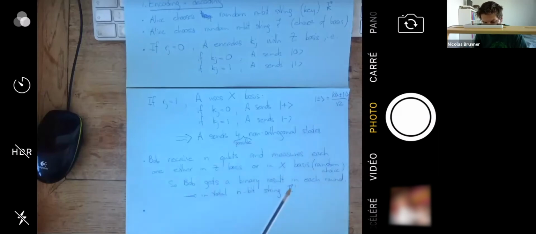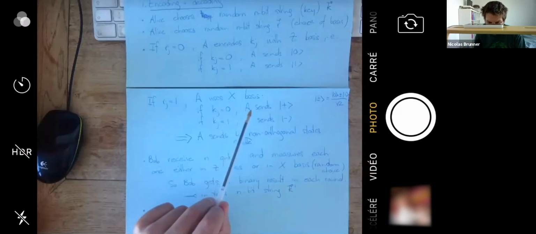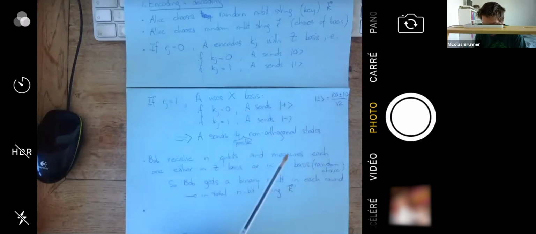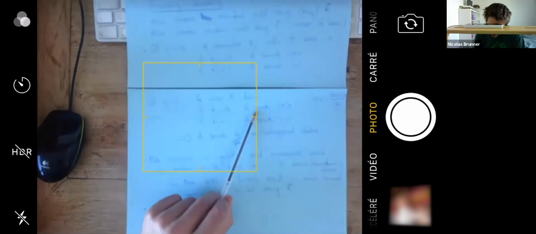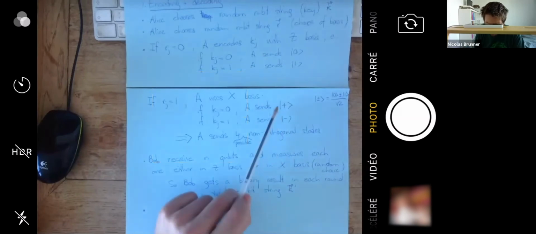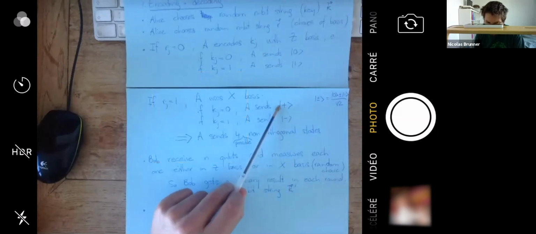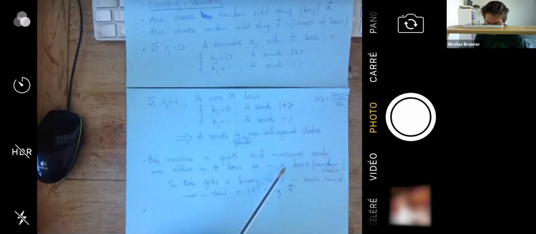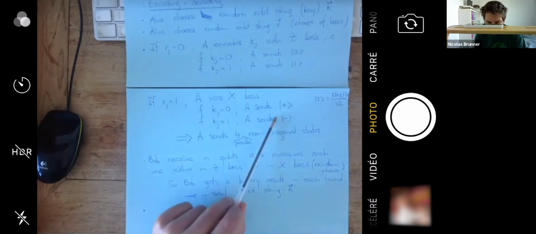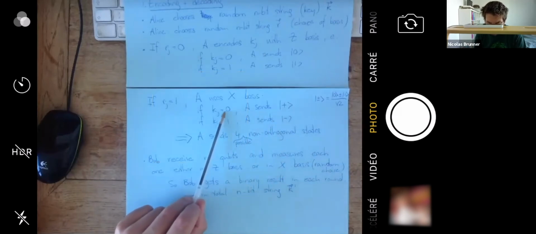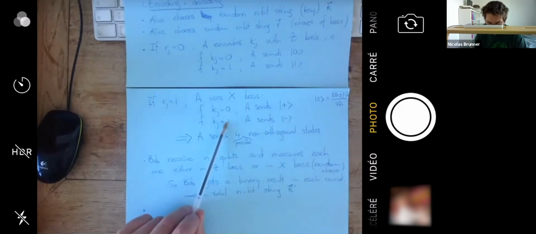Another case would be that Alice used the X basis, and Bob also used the X basis. Then it's the same thing, because the 2 states sent by Alice, plus and minus, are the eigenstates of X, and therefore the bit encoded by Alice can be perfectly retrieved by Bob, and it will also be in K prime.